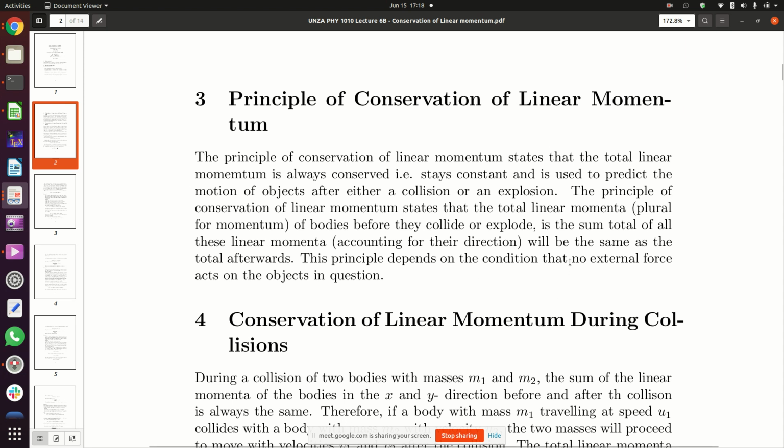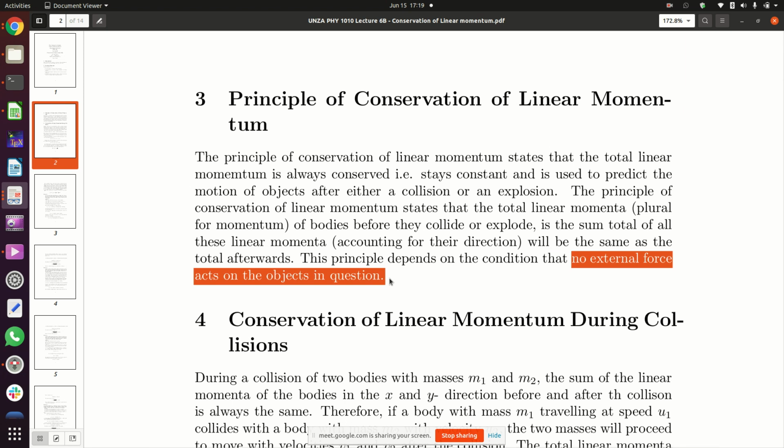And that condition is that you should not have an external force acting on any of the objects in question. So if you're looking at things which are colliding, basically what we are saying is that before these things collide, there should be no external force, no outside force acting on any of these objects.